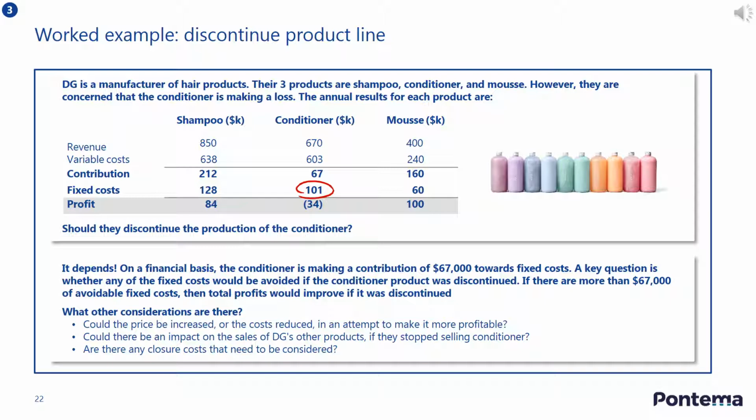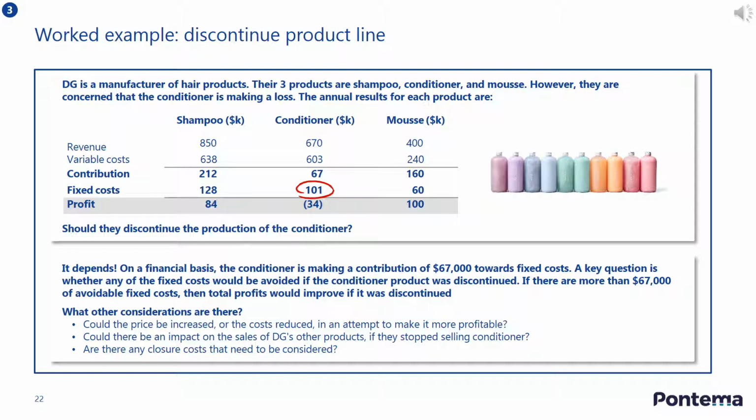And finally, let's consider a decision whether to discontinue a product line or not. Take some time to read the slide example for a manufacturer of hair products considering whether to discontinue the production of the conditioner product or not. Despite a positive contribution margin of $67,000, a key consideration is the conditioner product's contribution towards fixed costs.